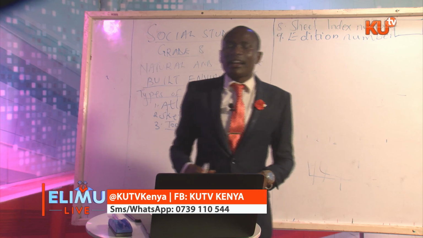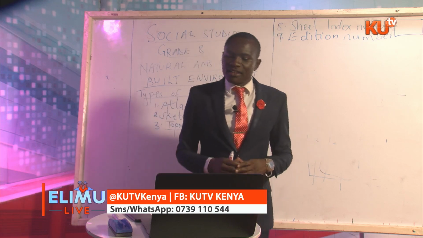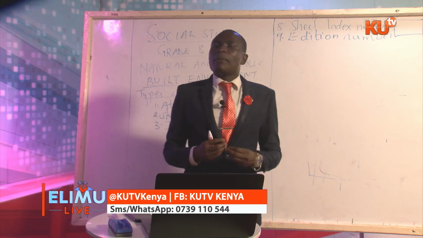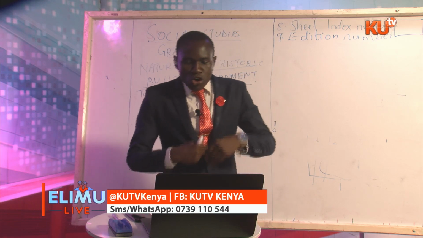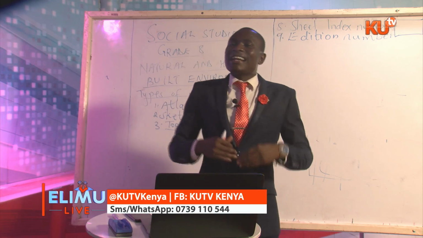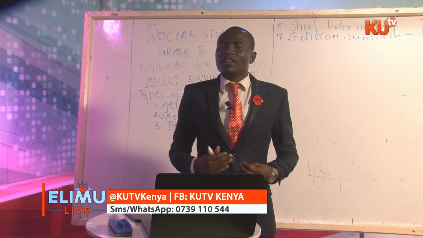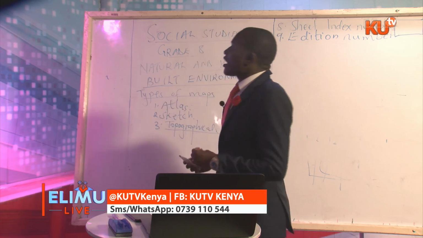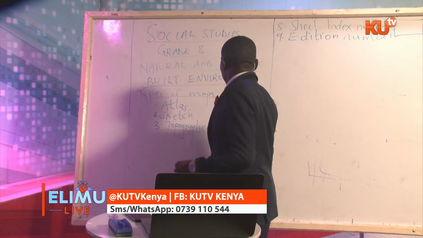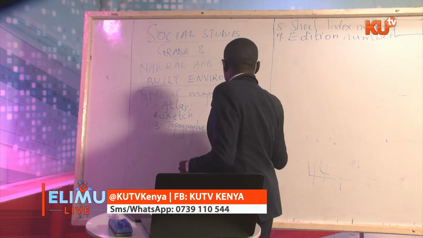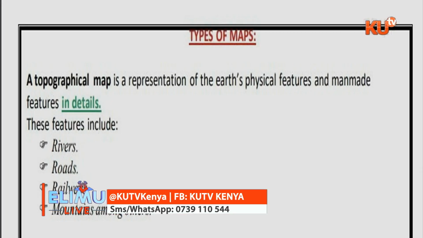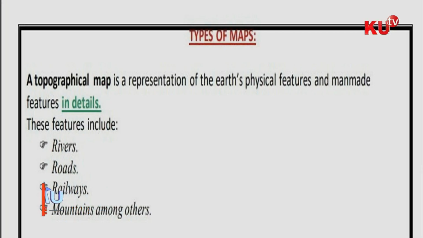Using the image of Taita Hills, these are maps that are drawn to scale and they give information. This information can be of natural or physical features and other information on the map.